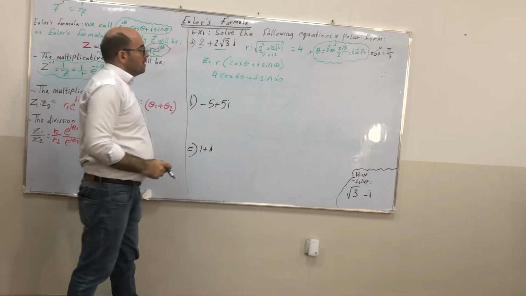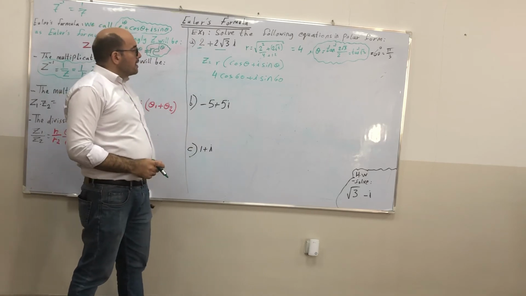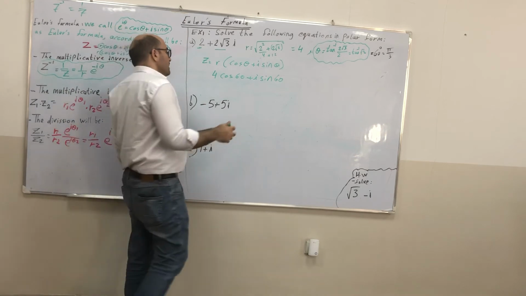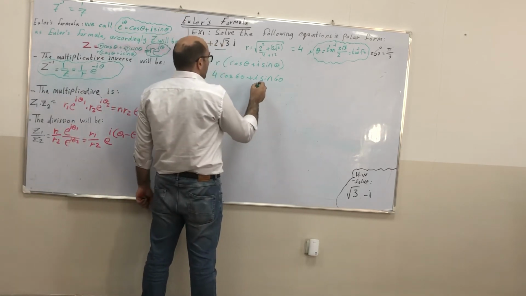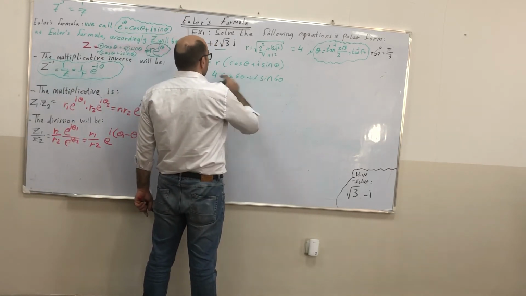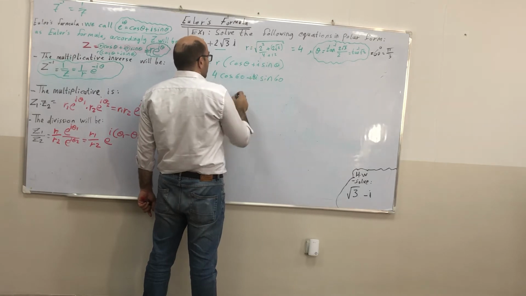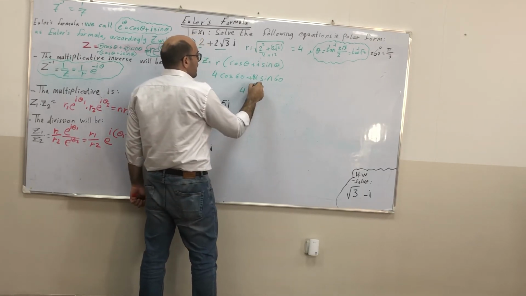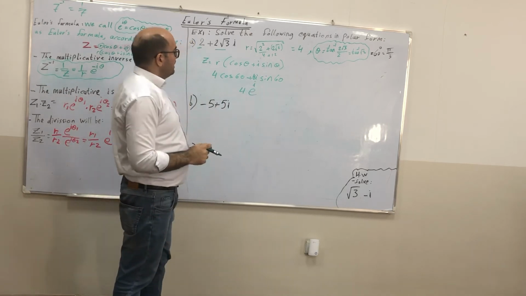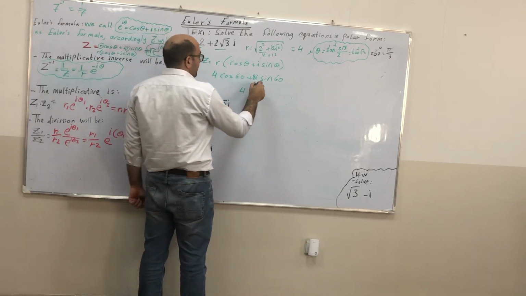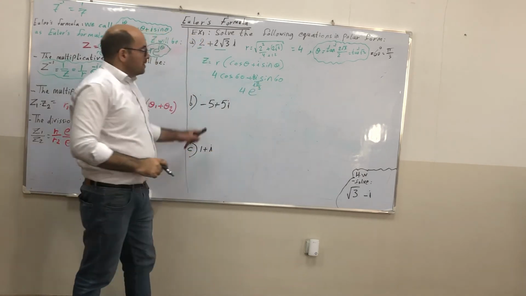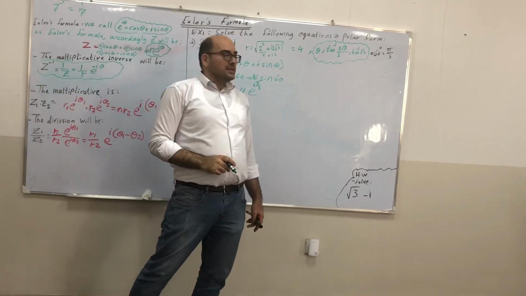Okay? If we convert this to Euler form, it will be 4 exponential of I, and how much is theta in here? It is pi over 3. Okay, so this is going to be the result.